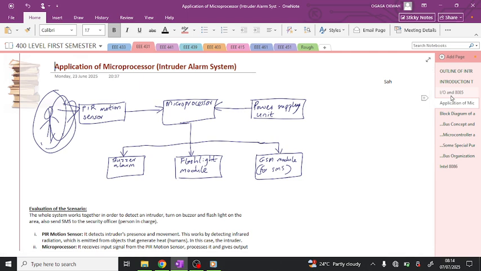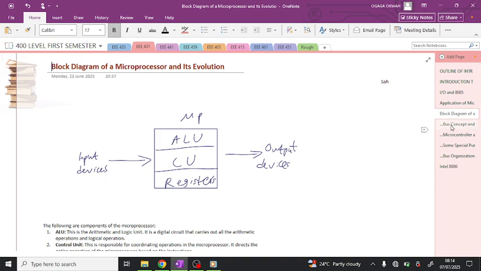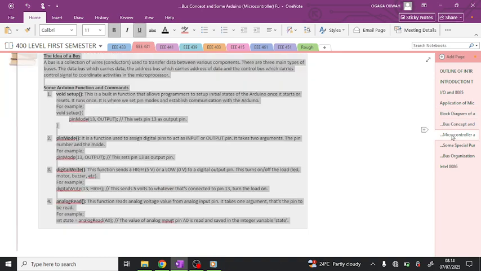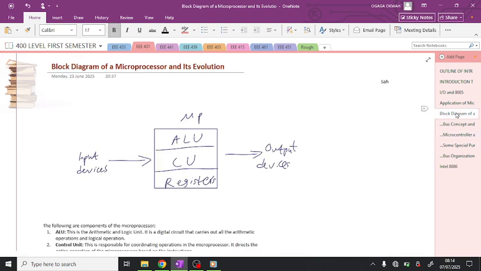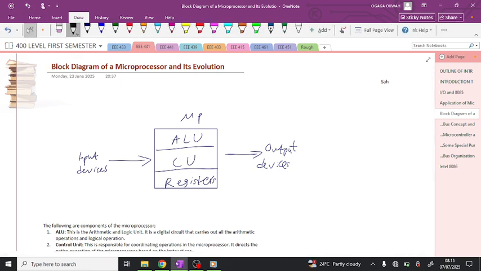Just that what the Arduino does, the Arduino is a microcontroller. And I think we have a note on that. Yes, the difference between a microprocessor and a microcontroller, we'll get to that. In that video, let me just see if I can draw it quickly.